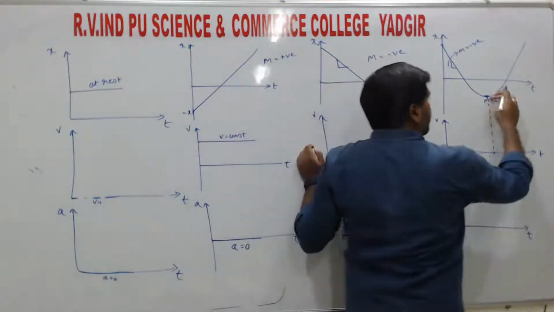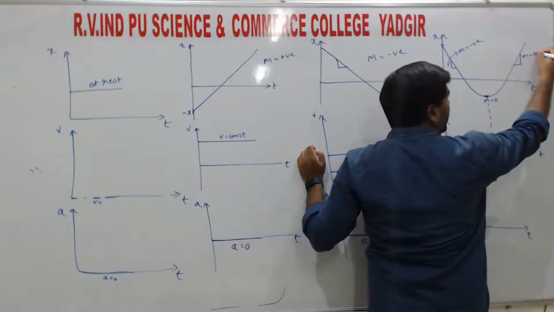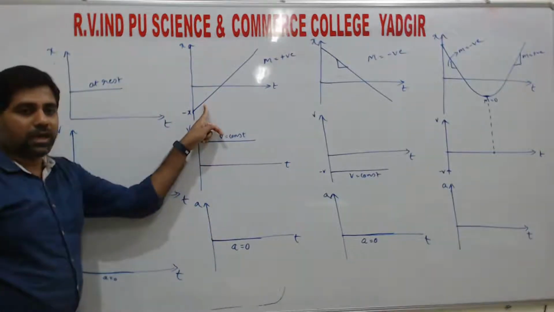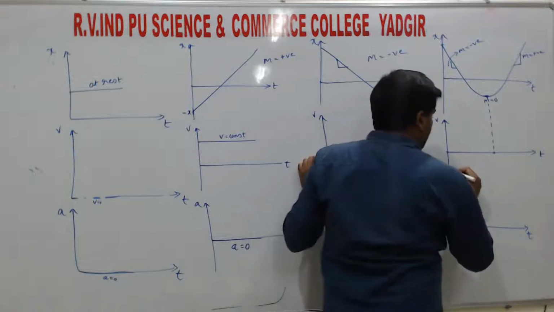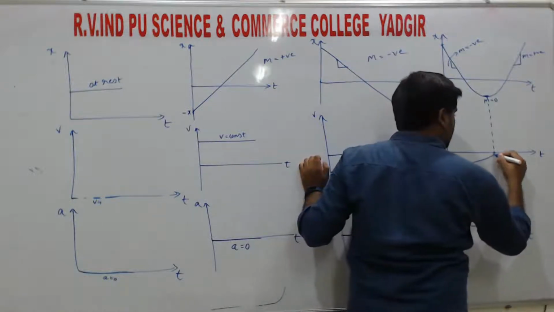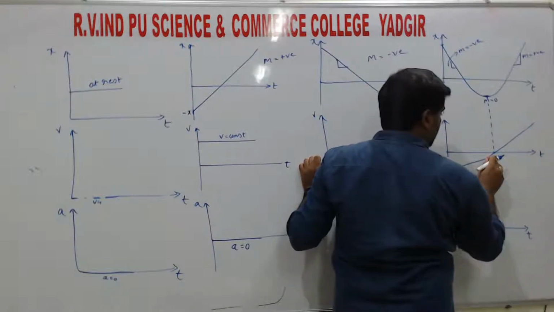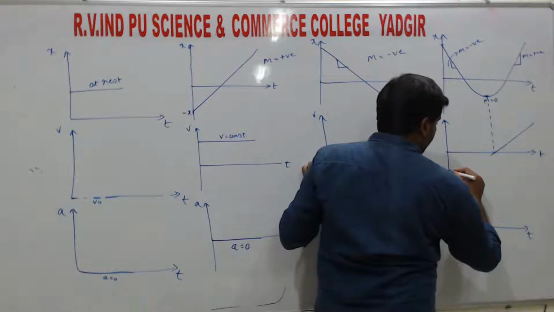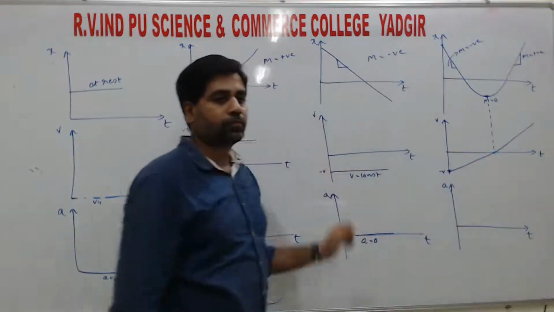So now from here to here, if we plot the slope m, we get a positive value. So this line is similar to this line. That means moving with a positive velocity, right? So it starts from here and meets at this point. So we get the curve like this. So this is the straight line, right?